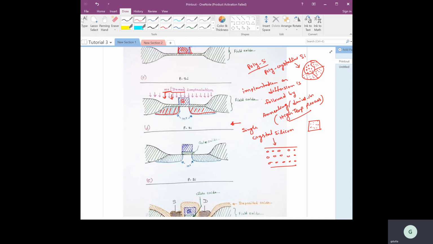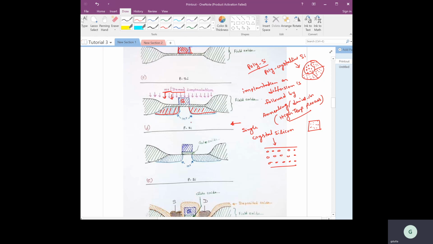We need to make this polysilicon heavily doped. Otherwise, you can think of the distributed RC model, and that way you are increasing the resistance of this gate, right? So we don't want that to happen. As a result, we always have to dope this gate quite heavily.